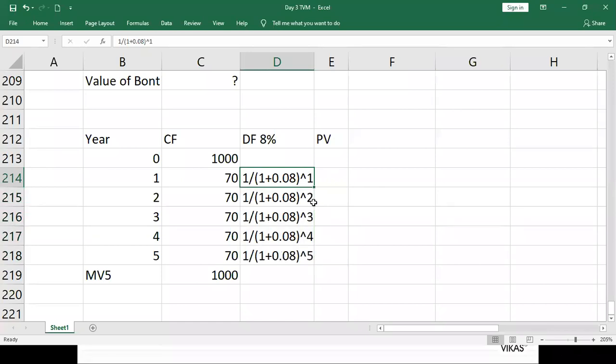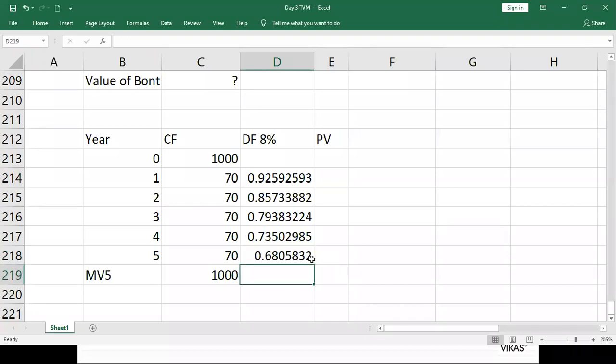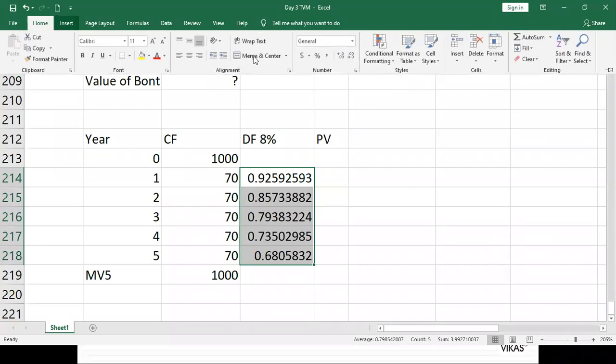Right? 0.926. Then we put an equal sign. So we convert into decimals.